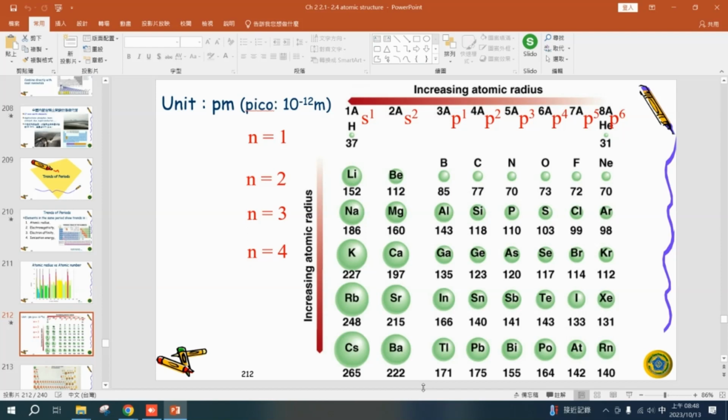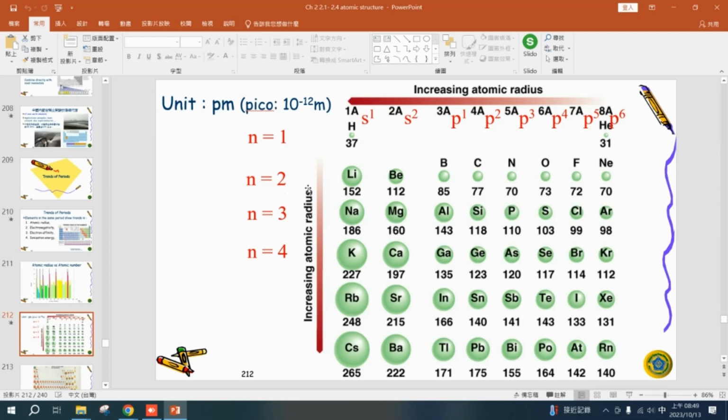Because the principal quantum number goes from 1, 2, 3, 4. The principal quantum number is related to the size. So the number increases, the size increases. So you know that the size will increase from the top to the bottom, and the size decreases from the left to the right.